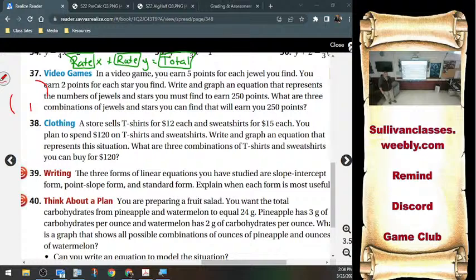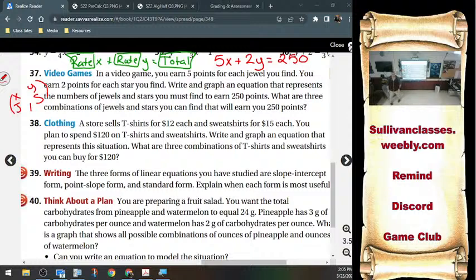If I'm going to have X and Y in here, and this was your last quiz, you can't just say X and Y. You have to define what they are. Or worse yet, in the problem, they told you what variables to use, and you decided to use X and Y instead. If I'm going to use X and Y, then I'm going to call them jewels and stars. That way I know what they are. Then the rate that goes with every jewel and the rate that goes with every star are attached to X and Y respectively. And my total is 250.